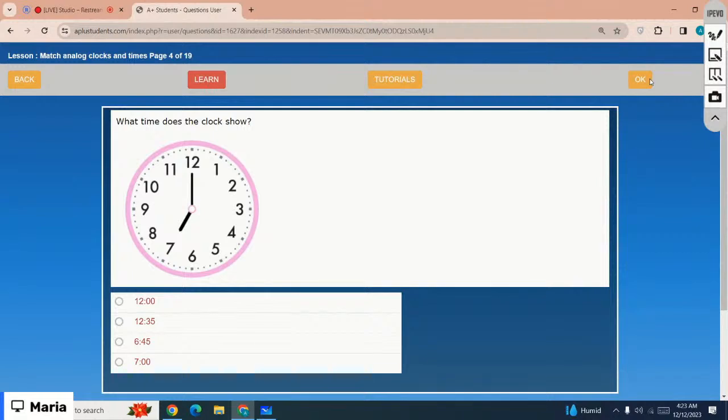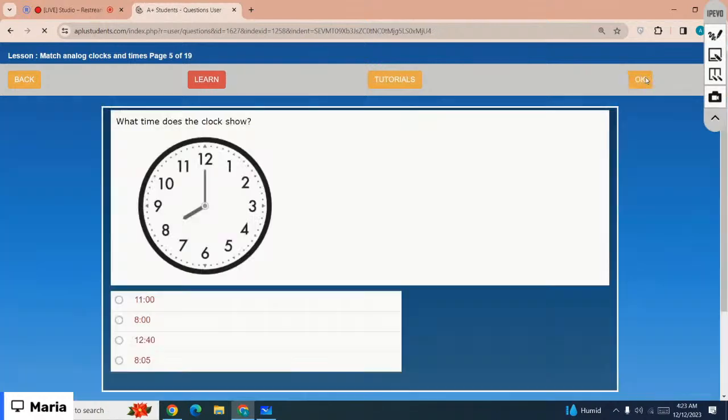Yes, the correct option is 7 o'clock. What time does the clock show? Yes, it is 8 o'clock. So the correct option is 8.